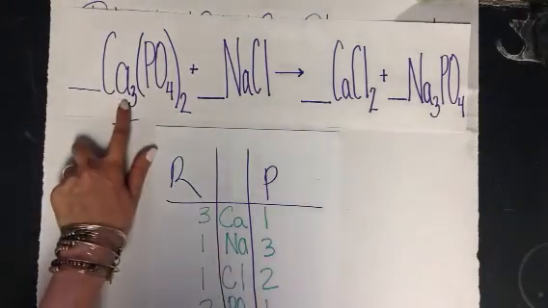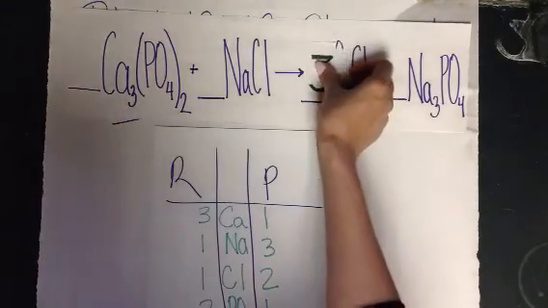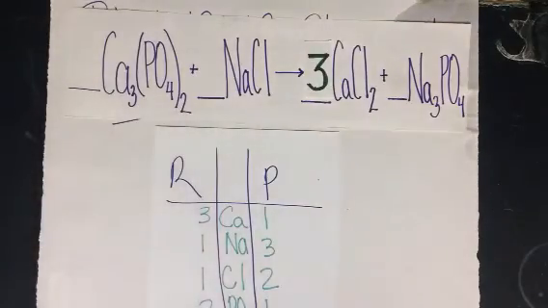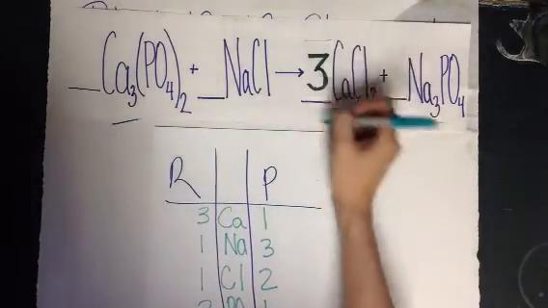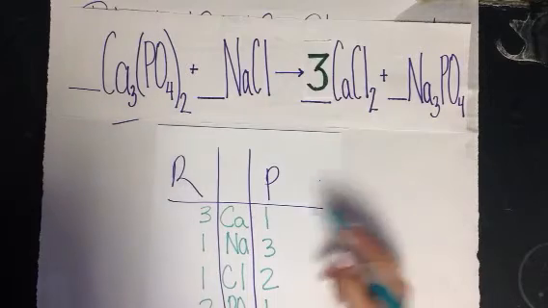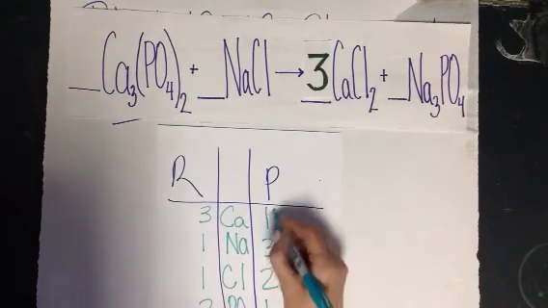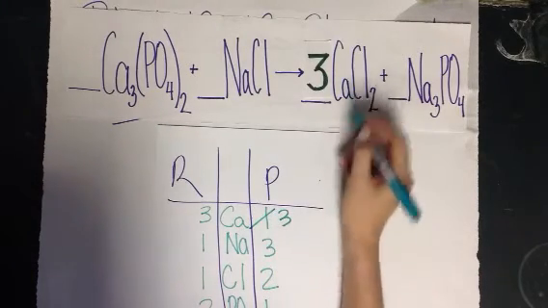If I have 3 calciums on this side, I'm going to add a big 3 to put my calcium there. Let's see what this does. Remember, take inventory again for anything it affects. On the product side, I affected my calcium and my chloride. 3 times 2 is 6.